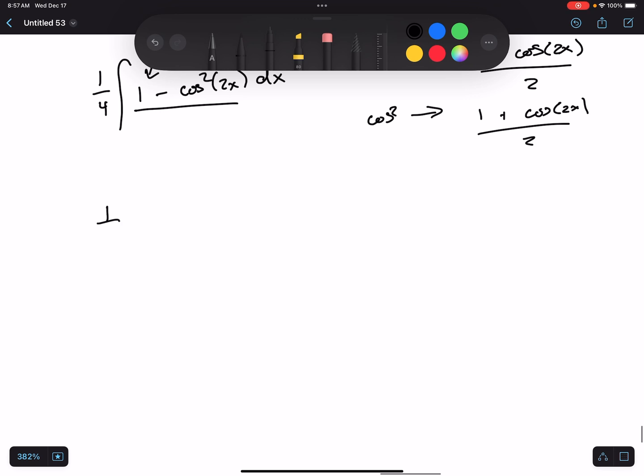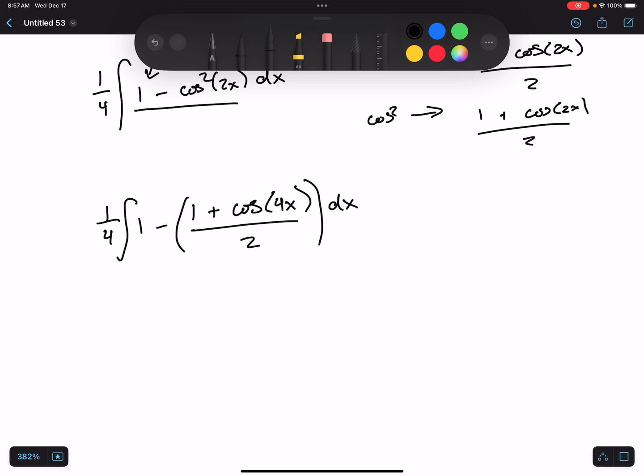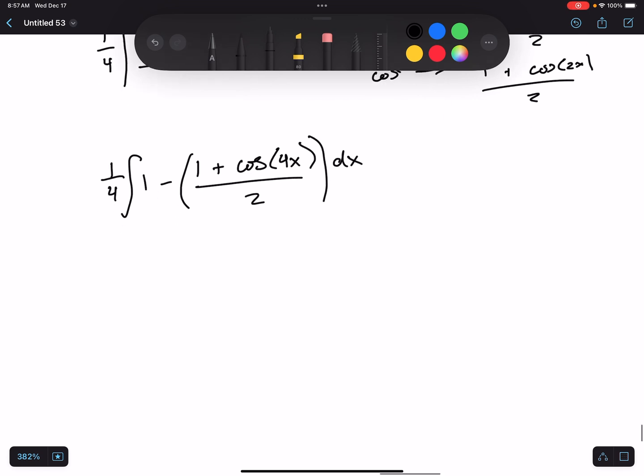So we'll have 1/4 times the integral of 1 minus, in parentheses now, 1 plus cosine, and we're doing a double angle here, so we're going to multiply 2 by 2, so we'll have 4x now, over 2 once more, dx. And what I'll do here is I'm actually going to split these into two different integrals.